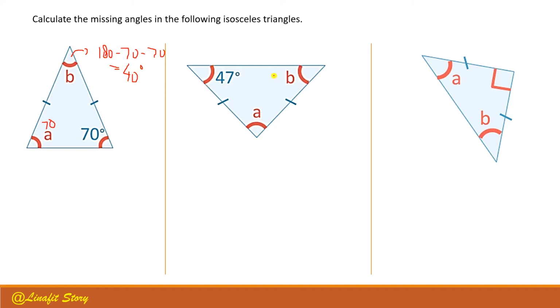This is 47 degrees, so B is also 47, so A is 180 minus 47 minus 47, which is equal to 86 degrees. And then this is a right angle, equal to 90 degrees, so A and B are equal. So 180 minus 90, divided by 2, is equal to 45 degrees.